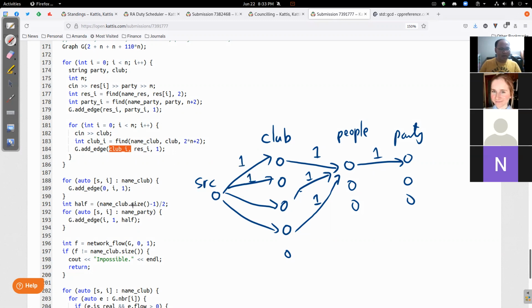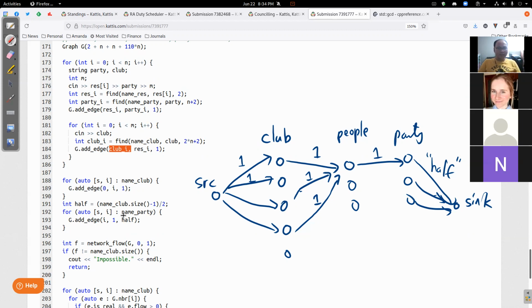And then I figure out what half is. I guess it's half minus 1, but I just call it half. And then for each party, I send an edge from a party to the sink. Every party is going to have this half. So after all of this, I build a graph. I call network flow.